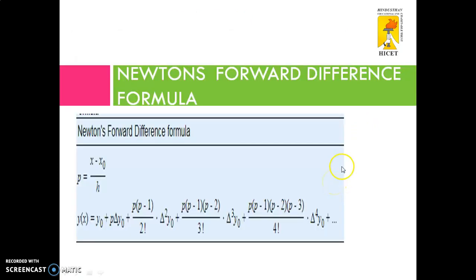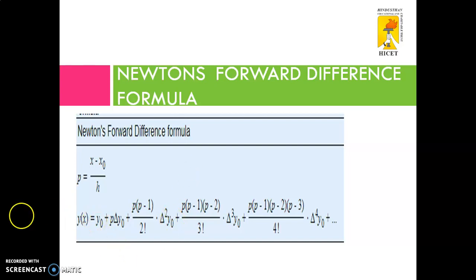Newton's forward difference formula is: y of x is equal to y0, which is your initial value, plus p into delta y0, where delta y0 is your first difference, plus p into p minus 1 by 2 factorial into delta square y0, where delta square is your second difference, and so on.